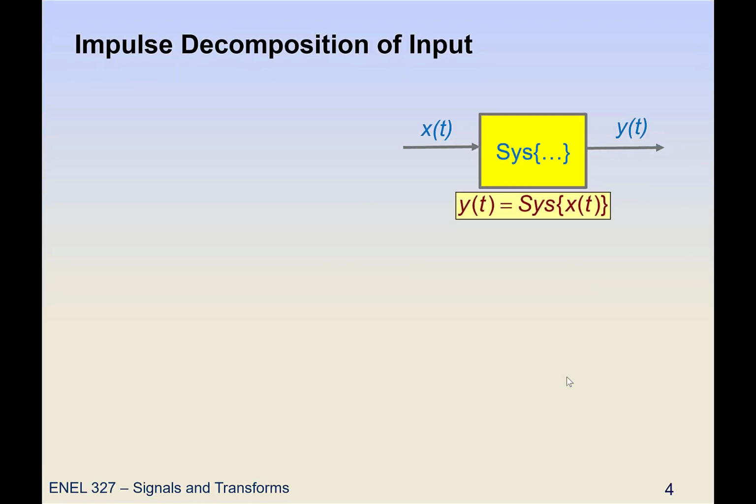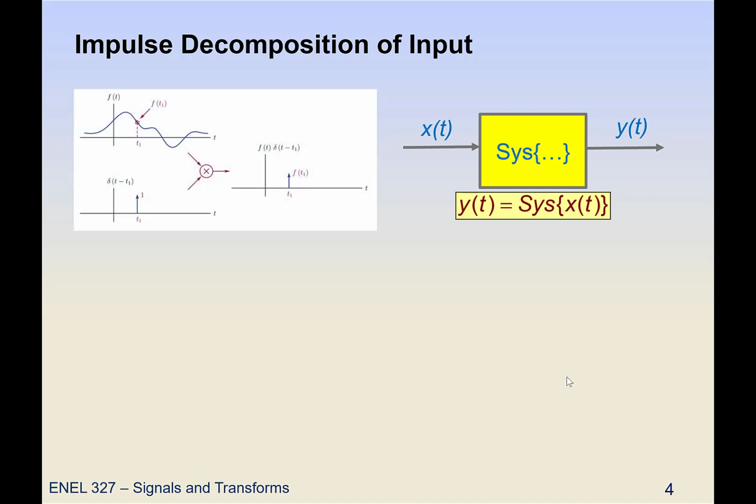So we know that we have a mathematical model of a system where we have an input x and an output y of t. We also know that we can decompose any signal, x of t, or in this graph f of t, into a bunch of different scaled and shifted impulses.